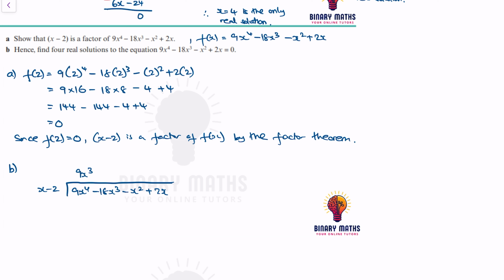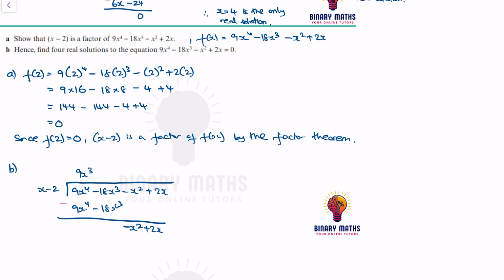When I multiply that 9x cubed times x minus 2, I get 9x to the power 4 minus 18x cubed. Okay, remember we're subtracting these two lines. So I end up with the first term disappearing and the second term disappearing. So all I'm left with is minus x squared plus 2x.